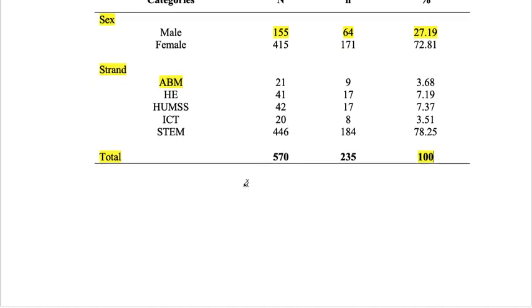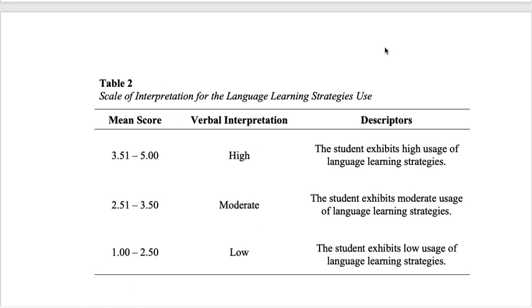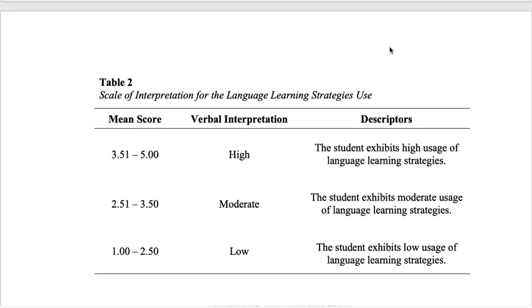All right. So first things first, I will present to you the scale of interpretation for language learning strategies used. So you will do the same in your research. You are to provide a scale of interpretation on the means of the responses or the average responses of your respondents.